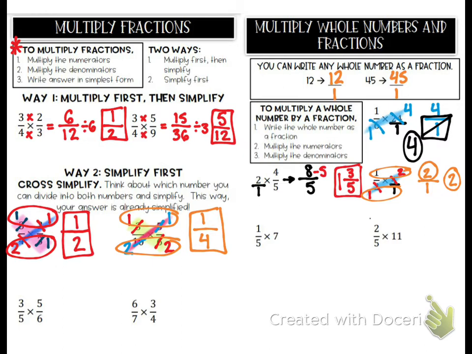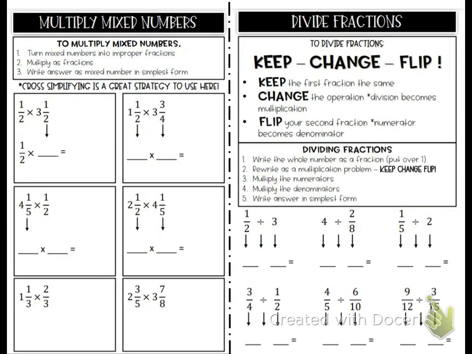Go ahead and flip this over to the back of the paper, and we're going to look at this section. Now, this is a little harder, but we're using skills that we already know. So we're going to be working on multiplying mixed numbers. The first thing we need to do is turn it into an improper fraction.